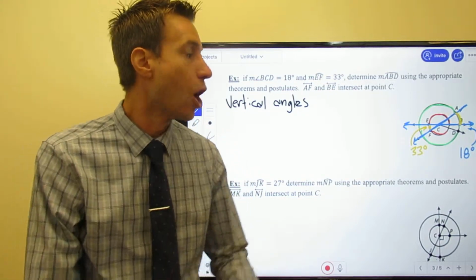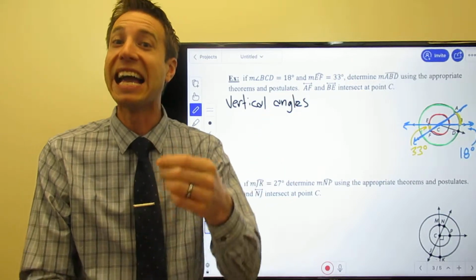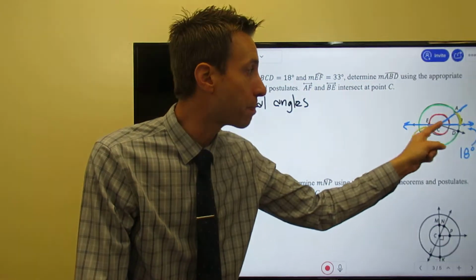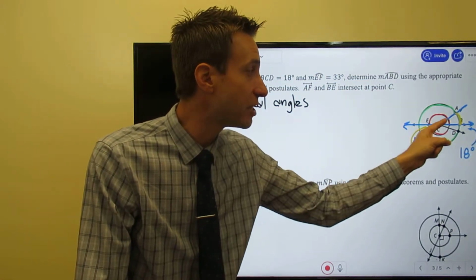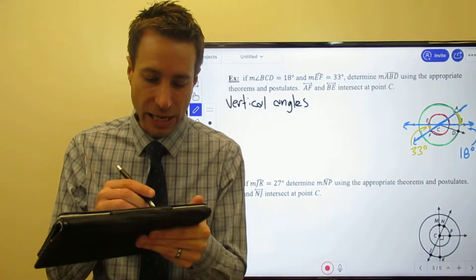That's the only difference. So the vertical angle theorem is still going to apply even if we're talking about arcs, because they are vertical angles of each other, so the arc measures are also going to be equivalent.